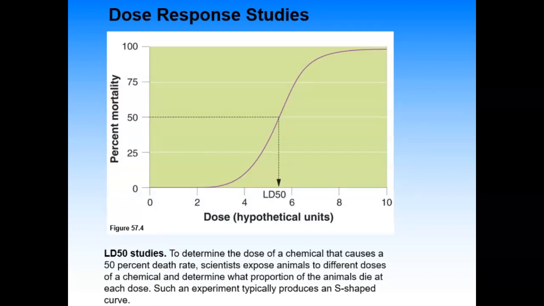We can have this study of a hypothetical unit of a chemical that's being administered to a certain population of organisms, and the LD50 value would be the dose that caused 50% of our population to die as a result of that chemical.